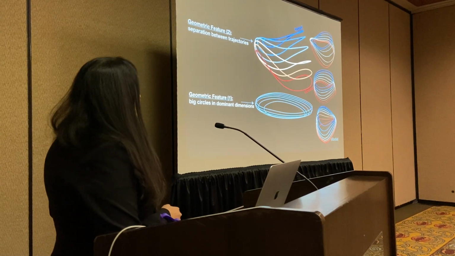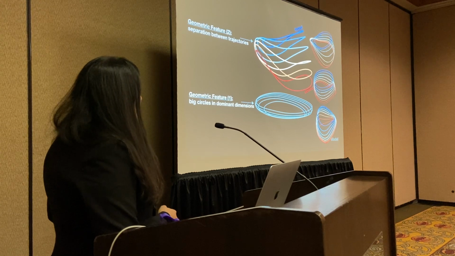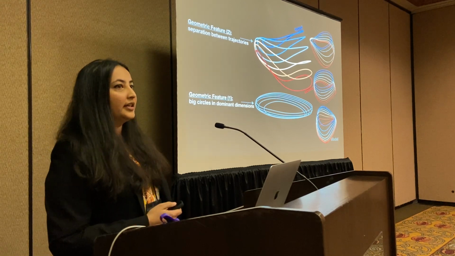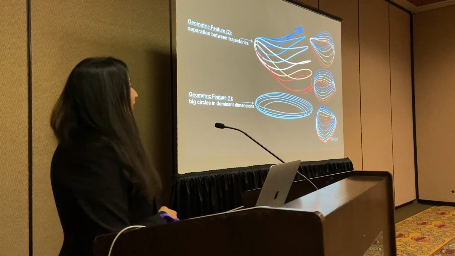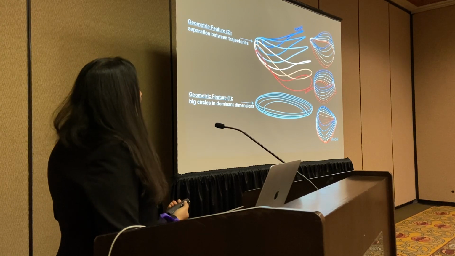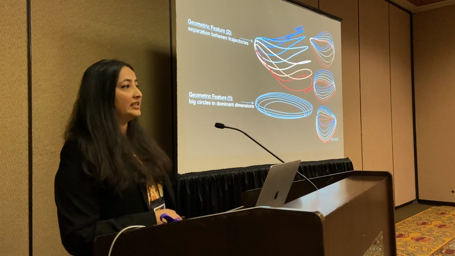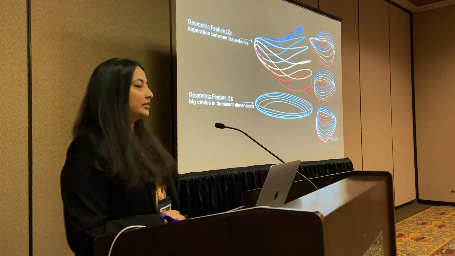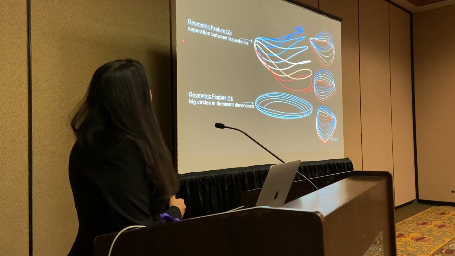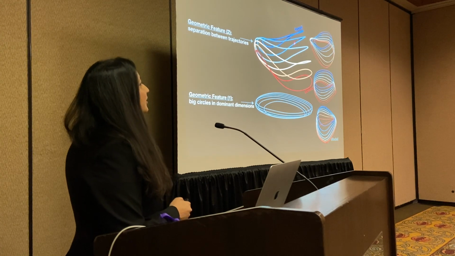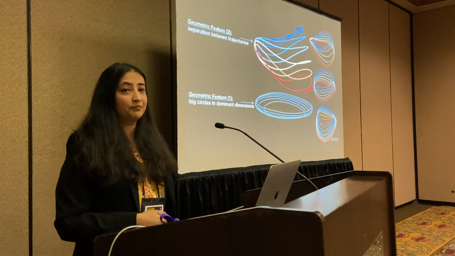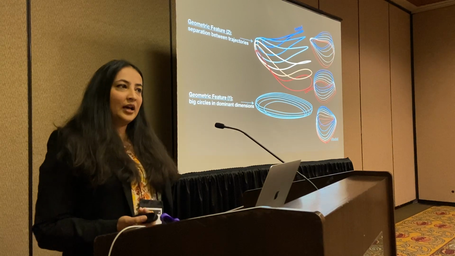We see very clearly 2 geometric features that are not present in the EMG data. The first is big circles in dominant dimensions. Here you just take the top 2 PCs, and you see very clearly these big circles. Another geometric feature is the separation between these trajectories at different speeds. And why might that be happening in the model?